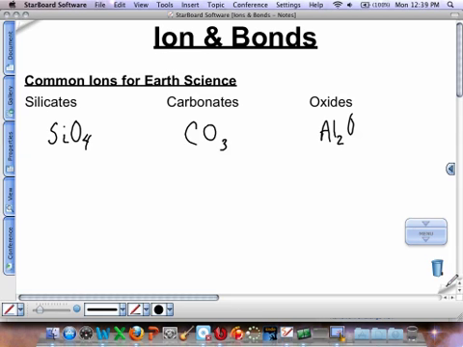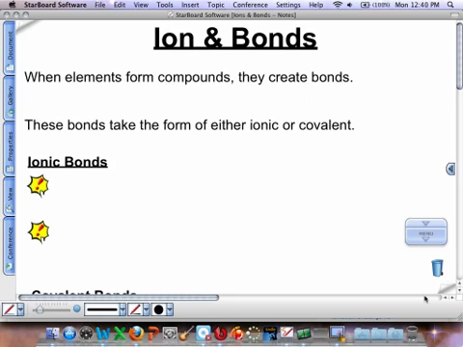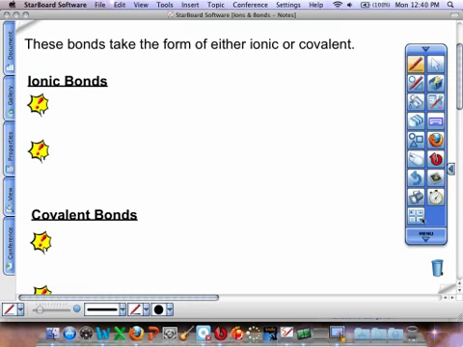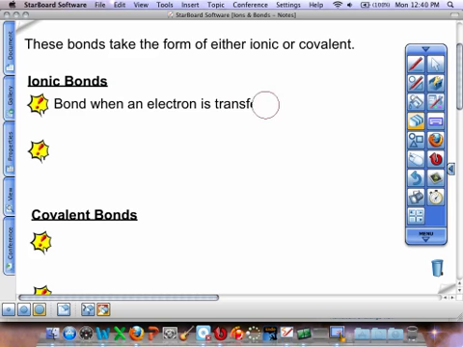But what I really want to get into today is talking about the difference between an ionic bond and a covalent bond. And pretty much for ionic, it's anytime we have the electron being transferred, it's being given away. So take this sodium and chlorine.